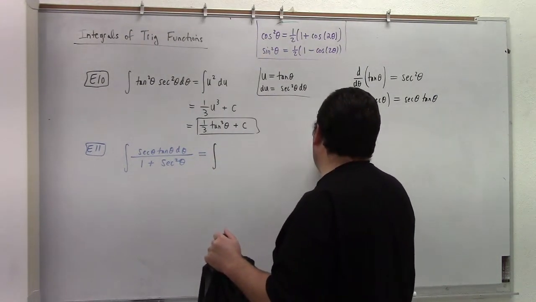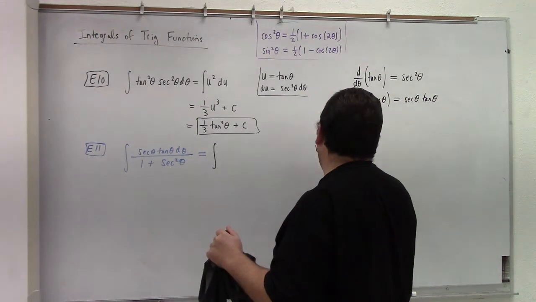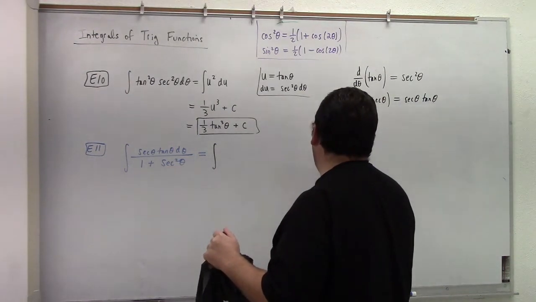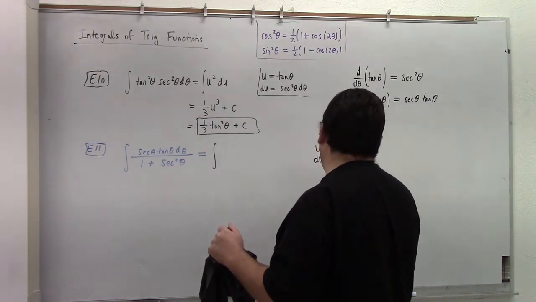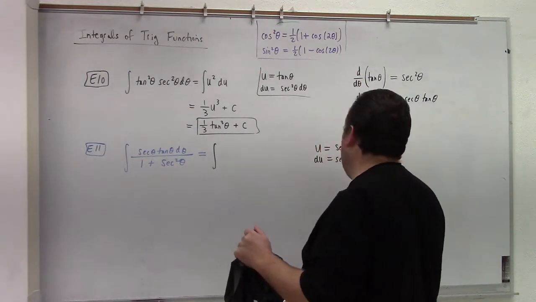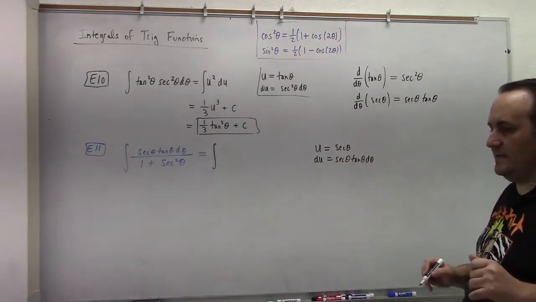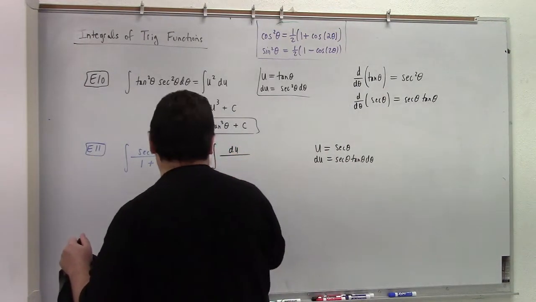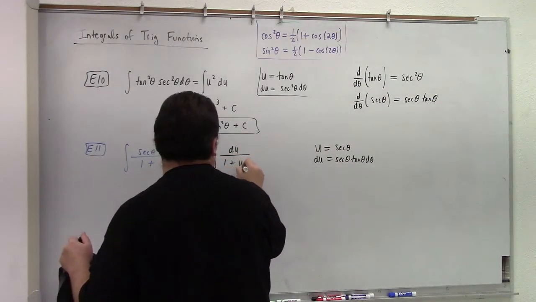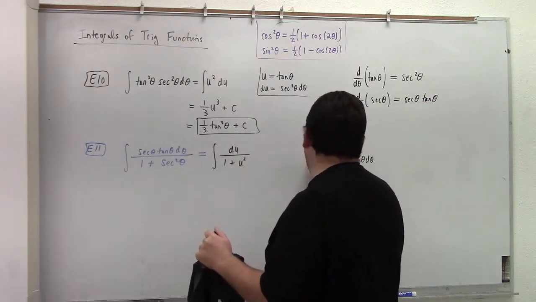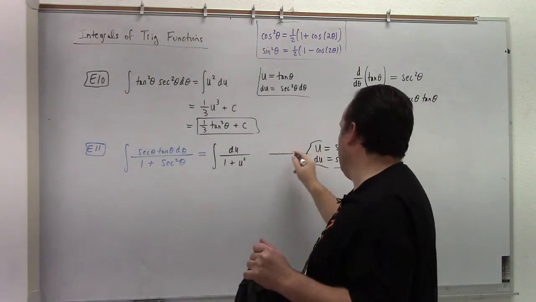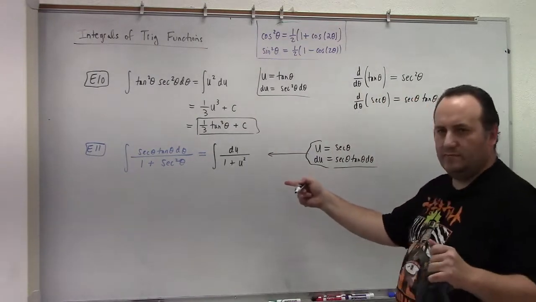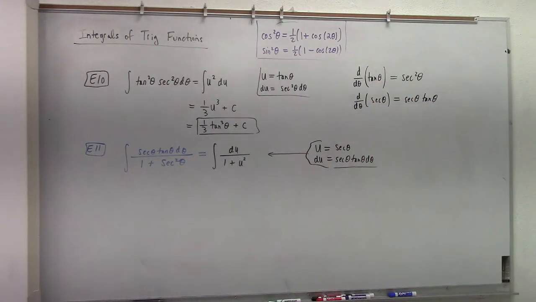So if I let u equal secant theta, then du is secant theta tangent theta d theta. So at least the numerator is taken care of. And then downstairs we've got 1 plus u squared. We know that one. How do we integrate that?